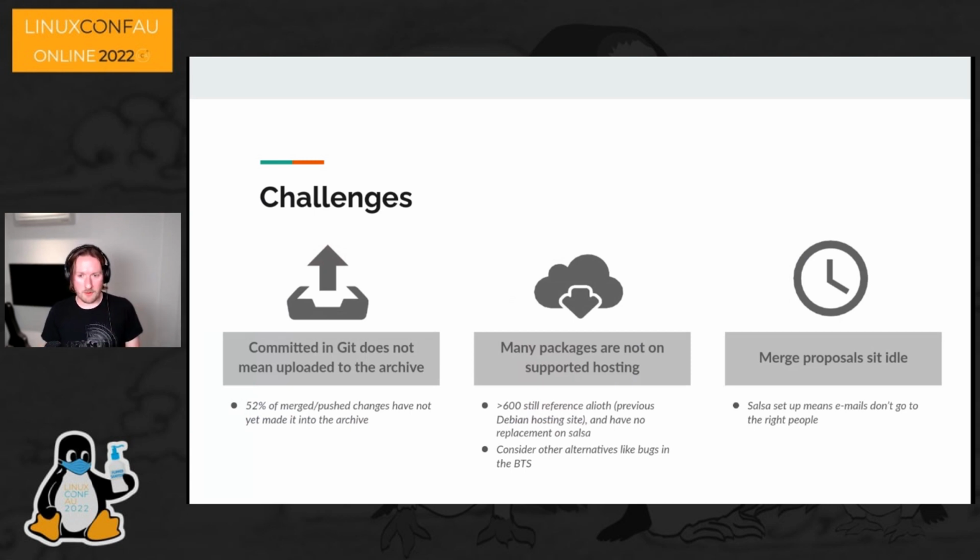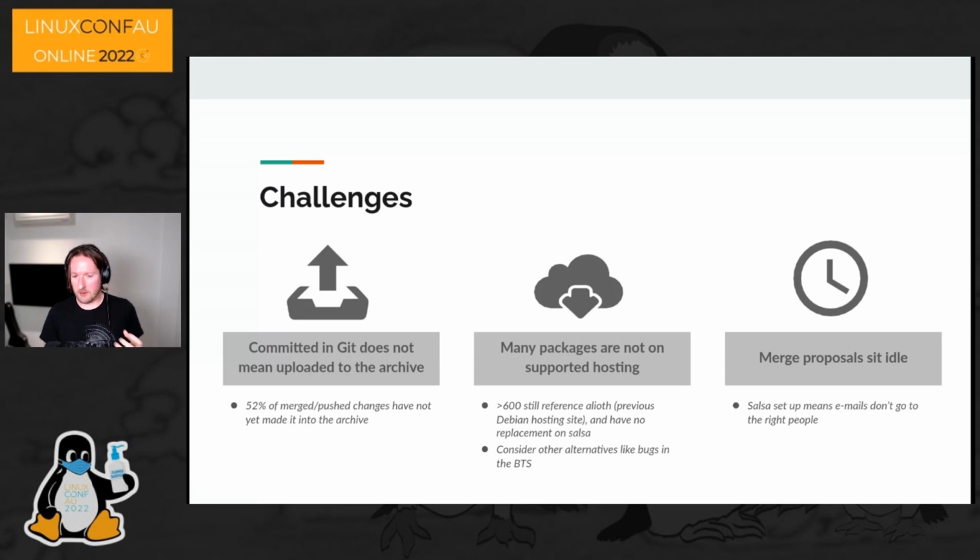There are a couple of challenges still associated with this. If you get your changes accepted and merged into a Git repository, that doesn't mean that they end up in the archive. It might take years before the changes that were merged into a Git repository are actually part of an upload to the Debian archive.